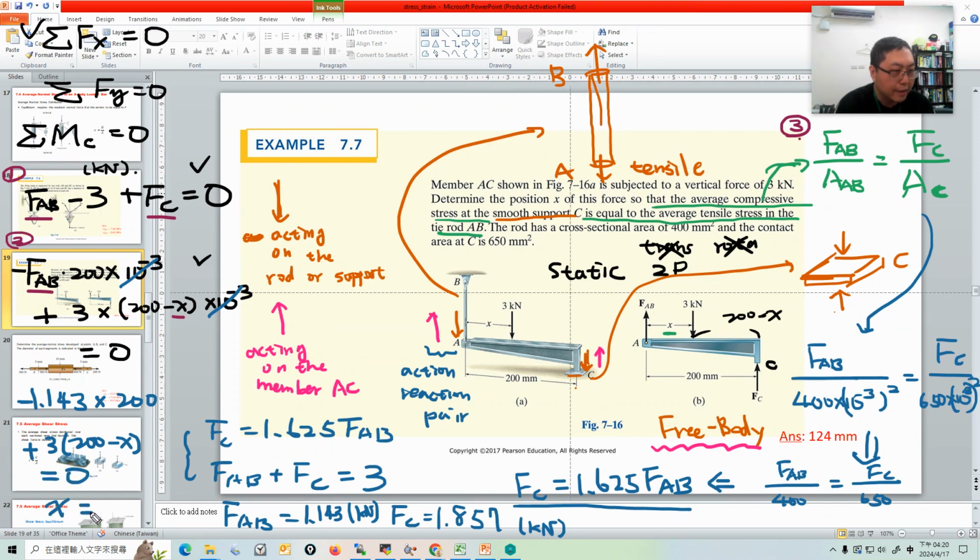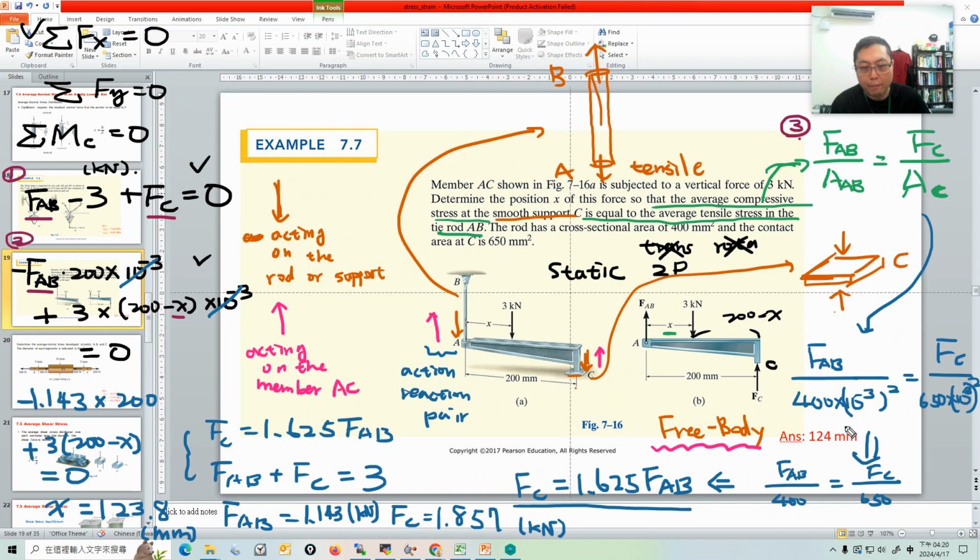We get minus 1.143 times 200 plus 3, divided by 3. It's 123.8, and don't forget the units, it's millimeter. Check yourself, unit millimeter.